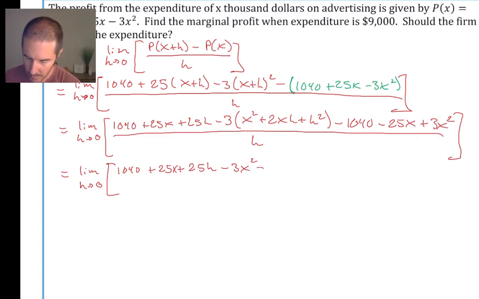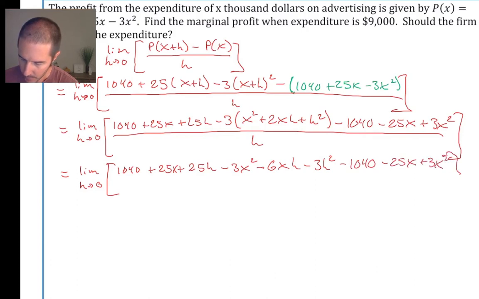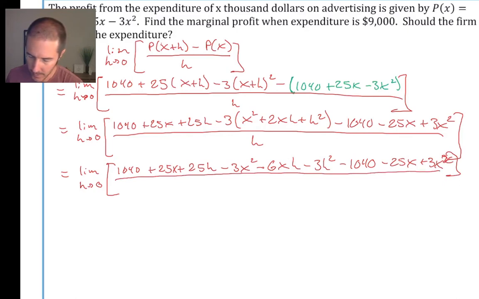This should say minus 6xh minus 3h squared. And then everything after that is the same. Minus 1040 minus 25x plus 3x squared. And we are still all being divided by h. What a mess.